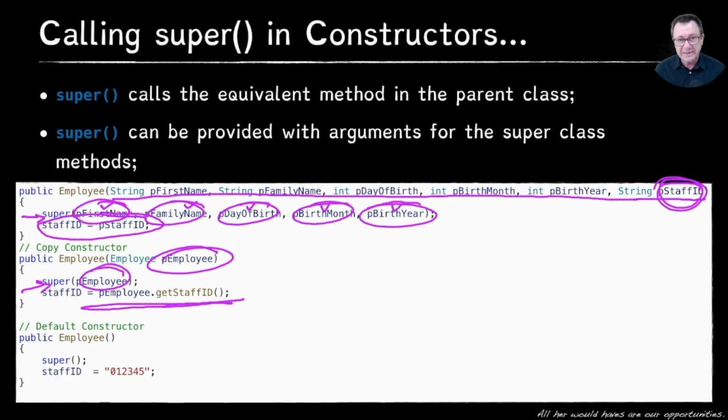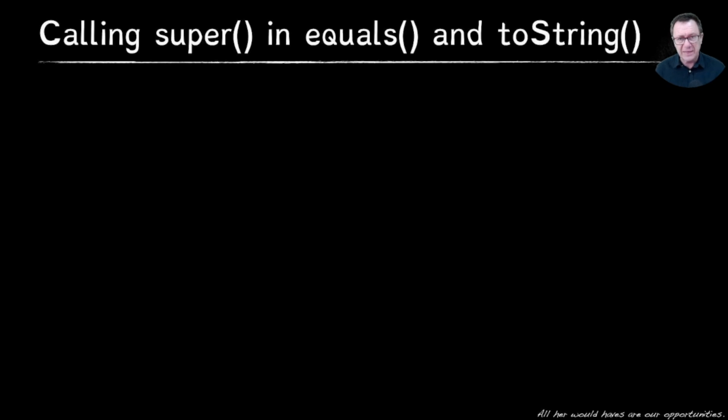And we've got our default constructor where we just call super, nothing else, no arguments in that call, and then we set our staff ID to a default value. So we're using this method called super, and we'll see this throughout inheritance, where we call super and do things with it that allow us to really take advantage of this inheritance structure.